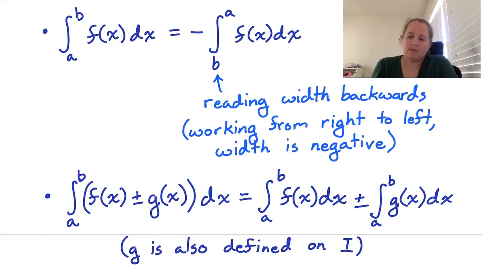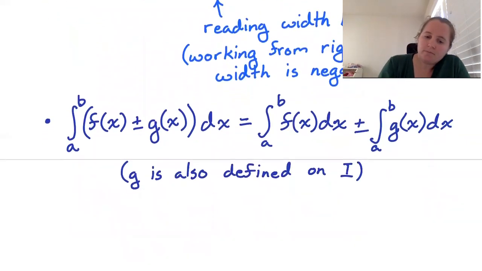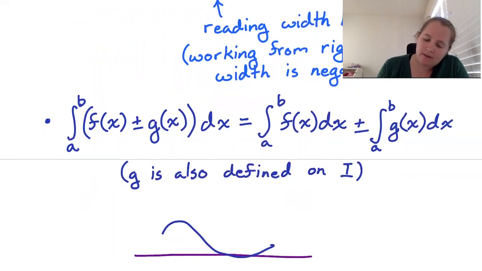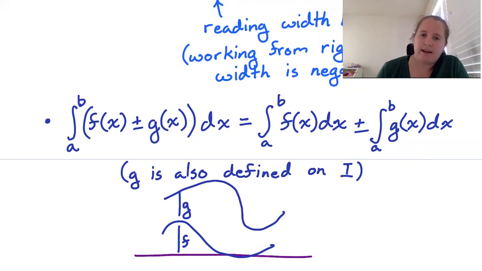Basically, if you think of it in terms of area, if we had f plus g, you can kind of view it as here's f, and then if we add on g, whatever g does, we could take the area under f, and then we could add to that the area under g.